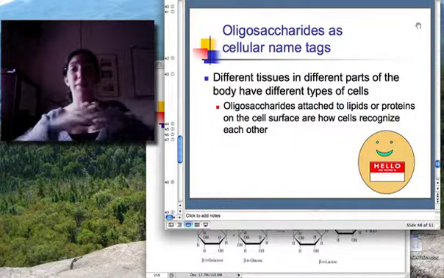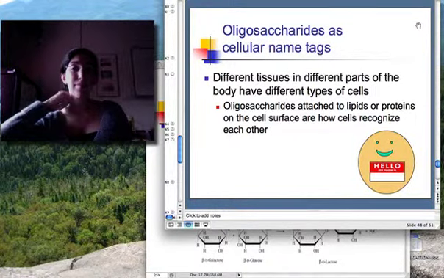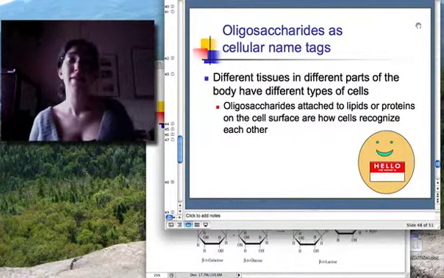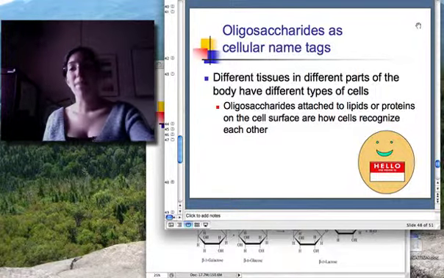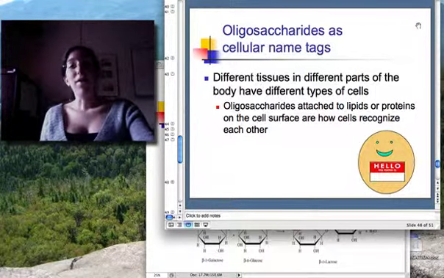And then we talked about polysaccharides, which can be the fiber in our diet. Also, the polysaccharides are the complex carbohydrates: your starches, amylose and amylopectin, and fiber. And then also in our bodies we have glycogen. So those are all the polysaccharides.